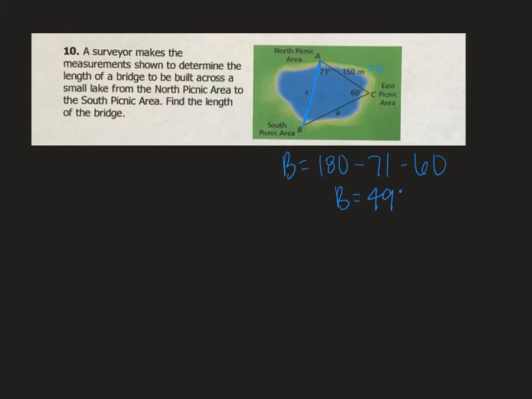So now we can take that information and solve for side C with our law of sines. So side B is 150 over the sine of angle B, which is 49, is going to equal side C over the sine of angle C, which is 60 degrees.